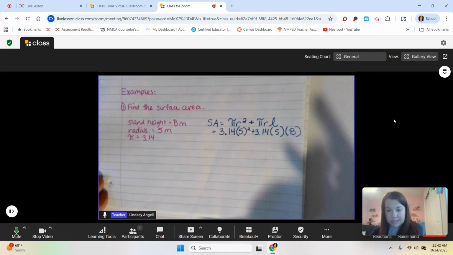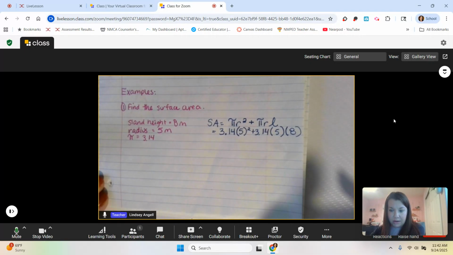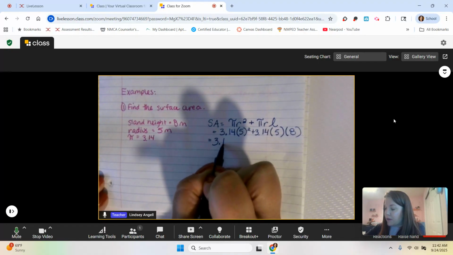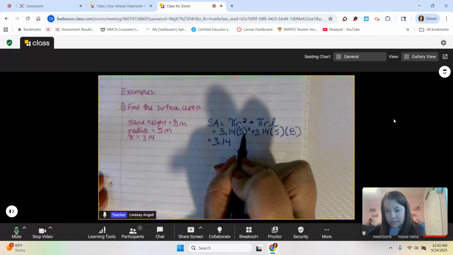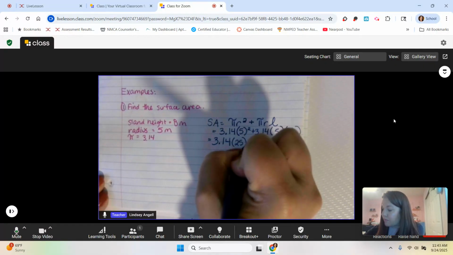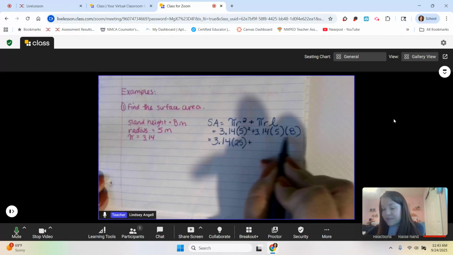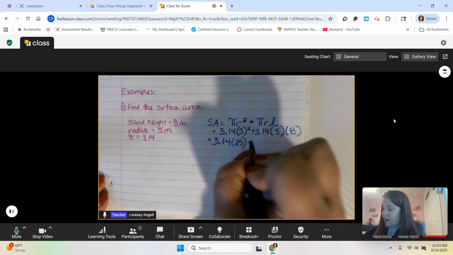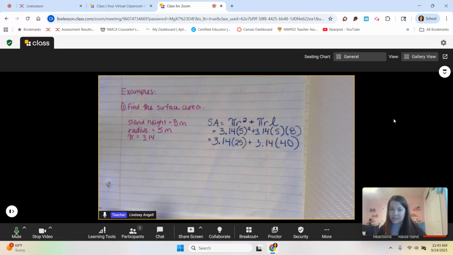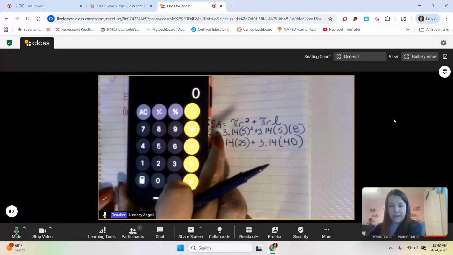Just like in the last lesson, we can do some of this in our head, right? We don't have to put this whole thing into the calculator. We've got 3.14. I know what 5 squared is, right? That's 5 times 5, or 25. And then 5 times 8, I can do that. That's 40, right? So we have 3.14 times 40. And this is the point where maybe we want to get a calculator out, especially with the decimals, right?